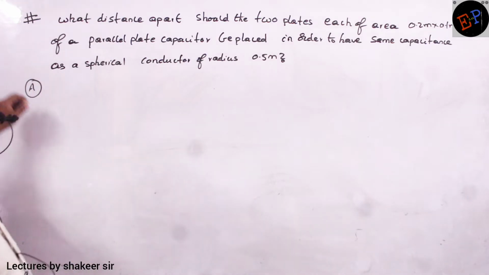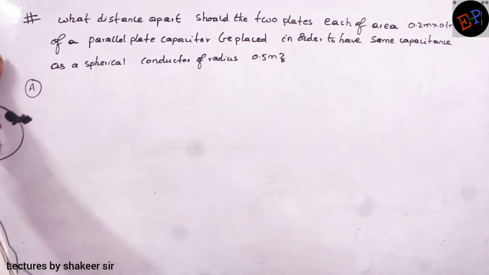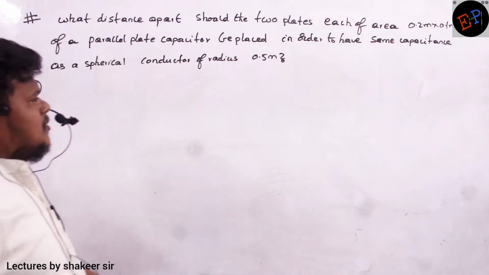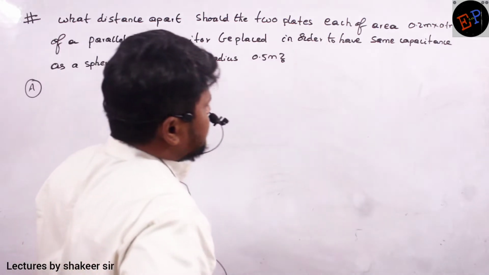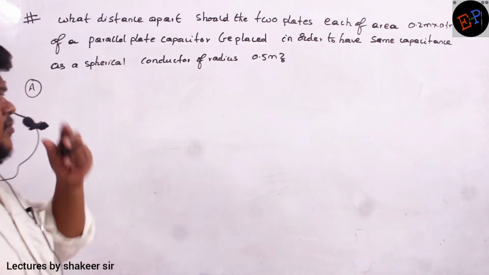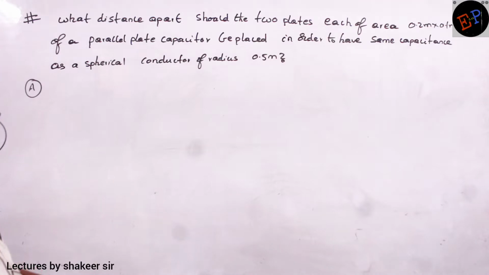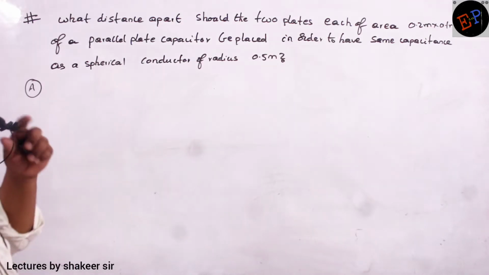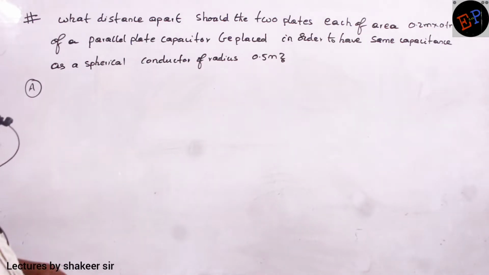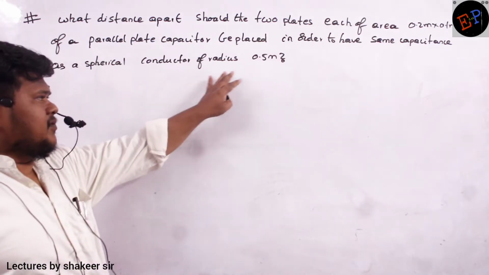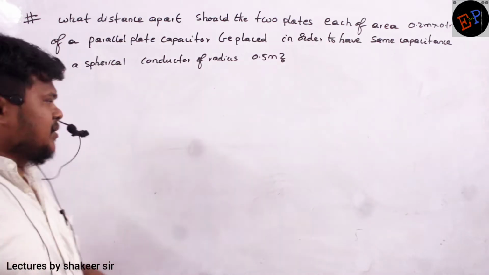So what distance apart should two plates, each of area 0.2 meters and 0.1 meter, of a parallel plate capacitor be placed in order to have the same capacitance as a spherical conductor of radius 0.5 meter? Okay, ma?